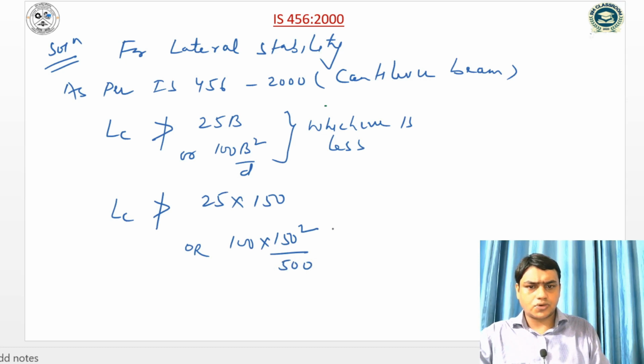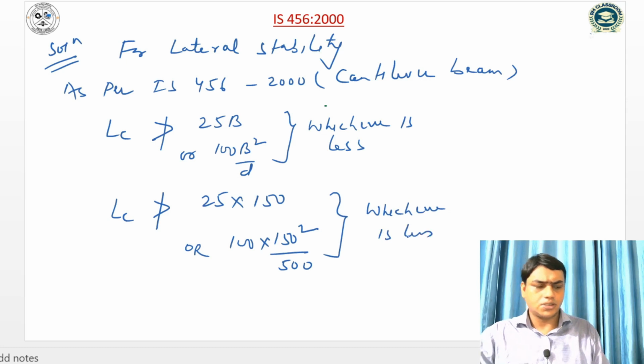So LC should not be, whichever is less. If I compute the value, LC is equal to 25 into 150, so it is coming 3.75.